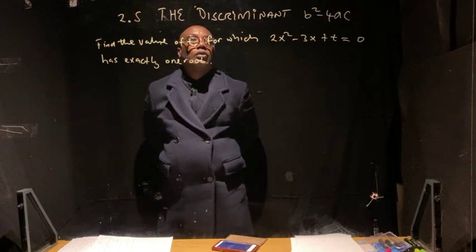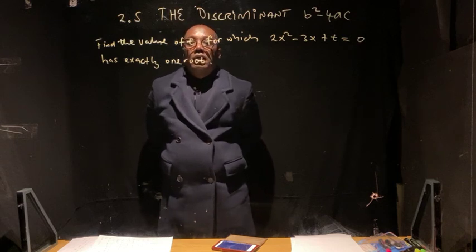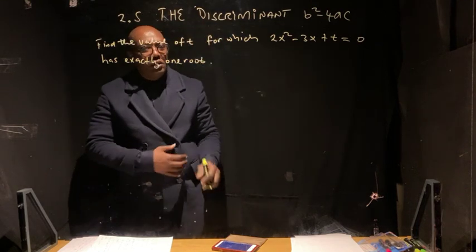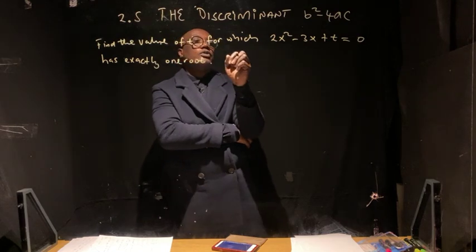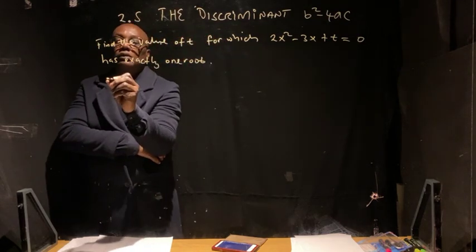of t for which 2x squared minus 3x plus t equal to 0 has exactly one root. It's not a big deal. Find the value of t for which 2x squared minus 3x plus t equals 0. Solution.